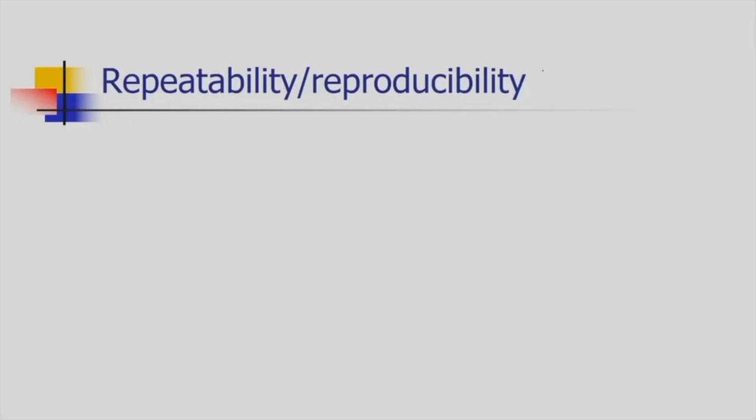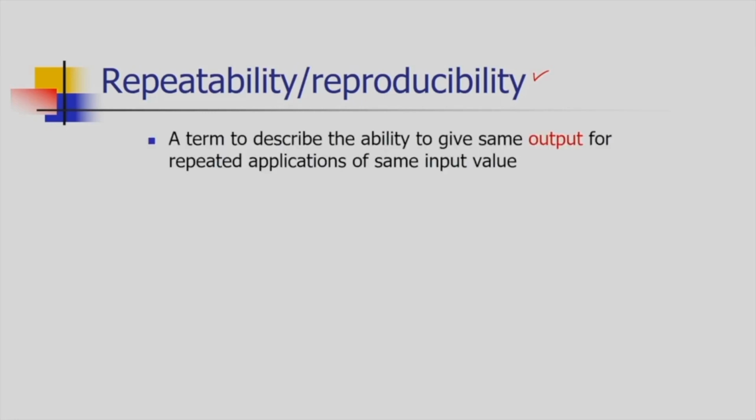The next performance related term is the repeatability or reproducibility. It is defined as the term to describe the ability to give the same output for repeated applications of the same input value. We are using these sensors multiple times, and during these operations it is expected that the sensor should give the same answer for the similar input that we are giving, but we will not get it.